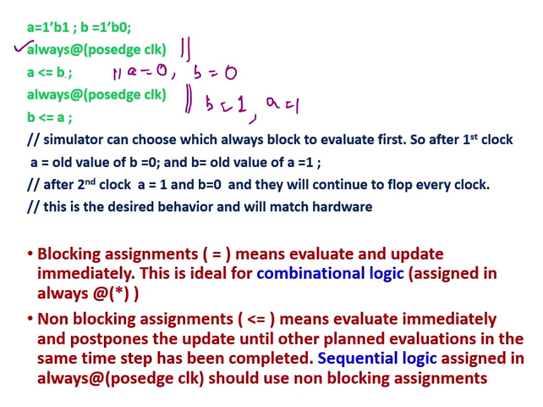Here the simulator can choose, because it depends on the simulator whether this block or that block is executed first. After the first clock, a will get the old value of b, which is 0, so a will be 0, and b will get the old value of a, that is 1. And in the second clock, a equal to 1 and b equal to 0, and they will continue to flop every clock.